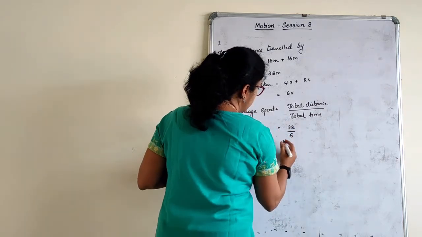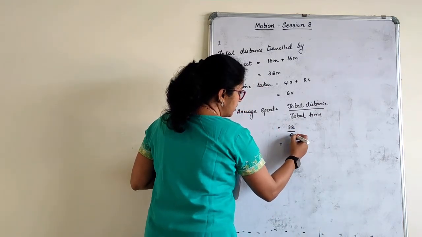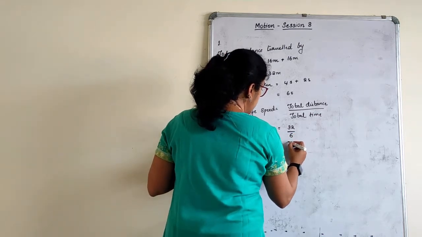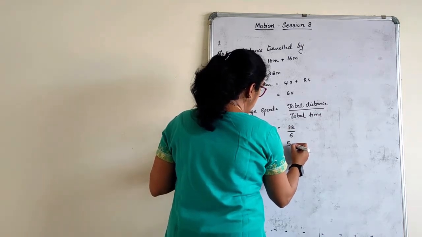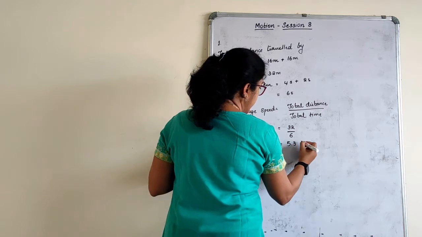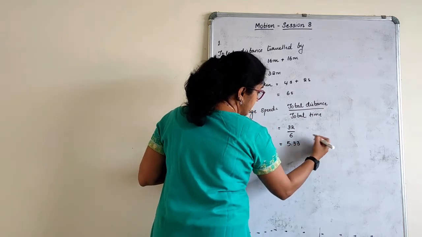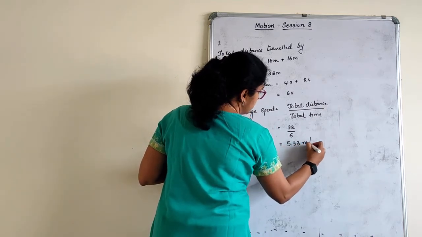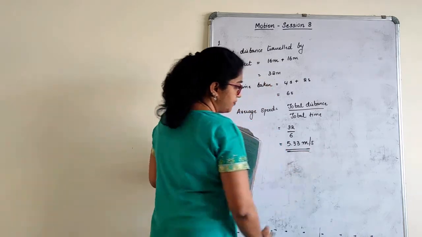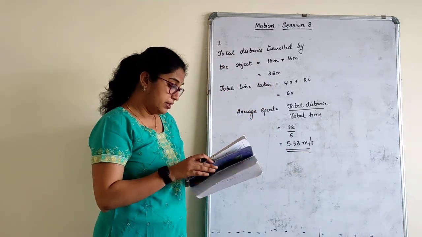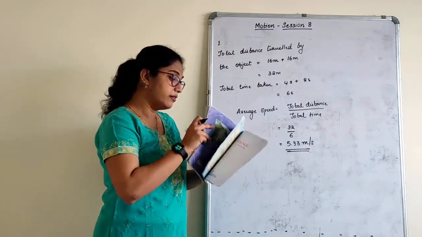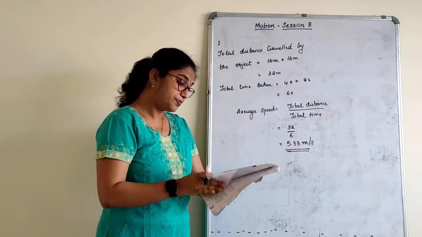This will not get divided with a whole number. 6 fives are 30, 2 remainder, 6 threes are 18, 2 remainder, 6 threes are 18. So this continues. Meters per second is the answer. Fine. The simple one. We'll move to the next one, children.